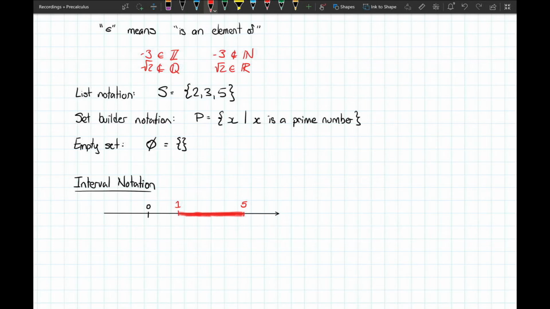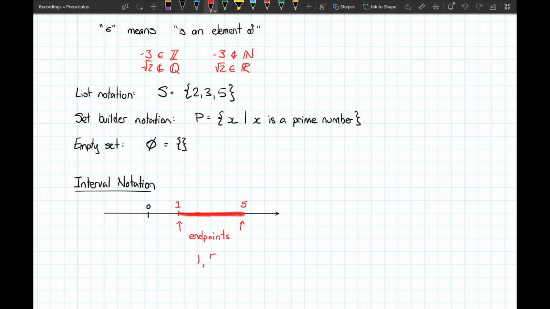And it's only a subset of R, so we can't just say that this set is R. What we do is we use square brackets and round parentheses. And we indicate the endpoints of this line. So the endpoints here are 1 and 5. And we put those in brackets.